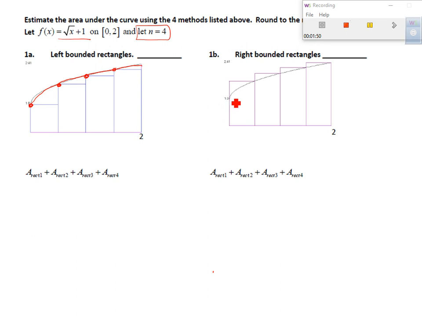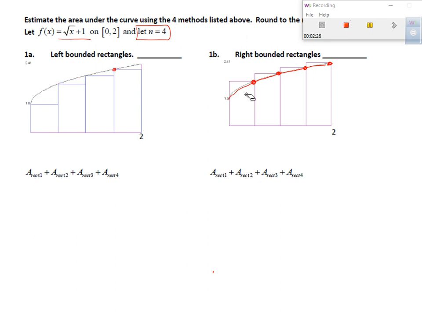Here's the curve, square root of x plus 1. Notice that we drew some rectangles, but notice how the curve hits the right side of those rectangles. So when we say left-bounded, right-bounded, that's what it looks like. The curve touches the left side of the rectangles, the curve touches the right side of the rectangles.